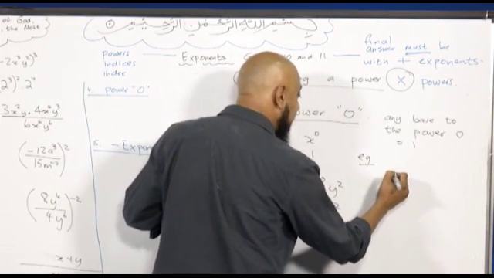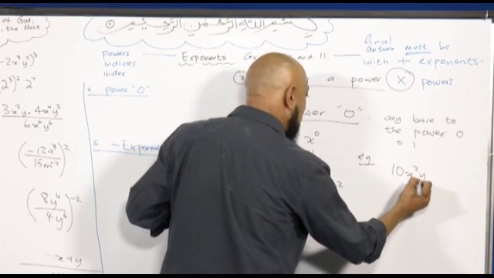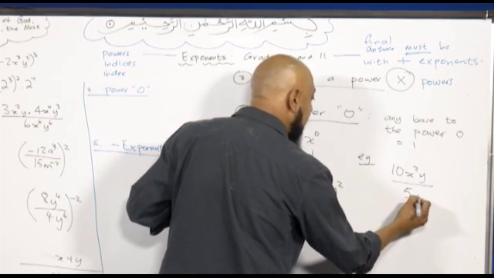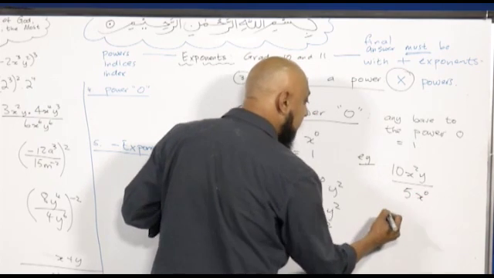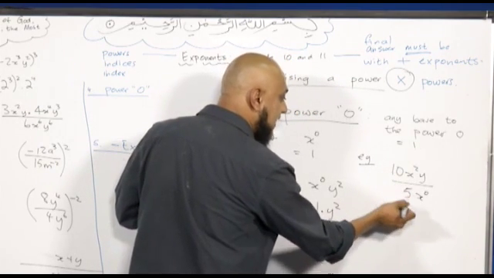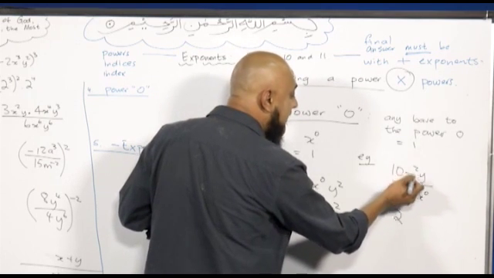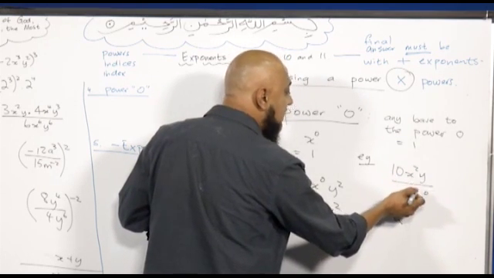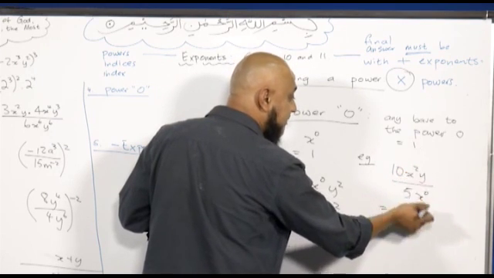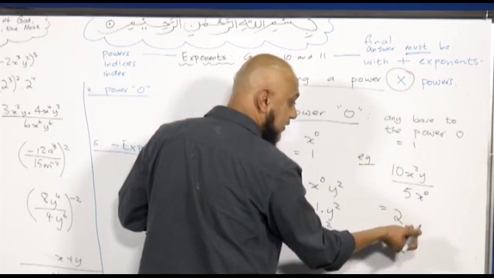If I told you 10x squared y over 5x to the power 0. Now, 10 divided by 5 is 2. We can use the division law: when dividing and the bases are the same, we subtract the powers, so 2 minus 0 is still 2.